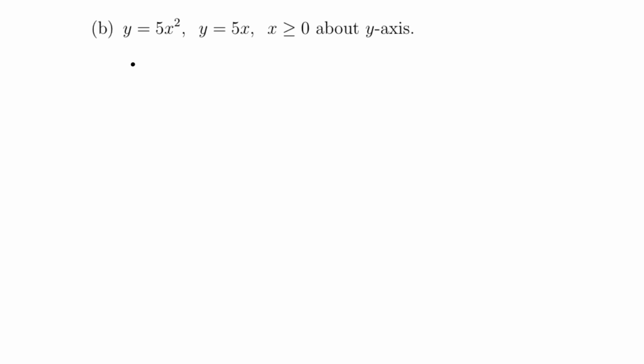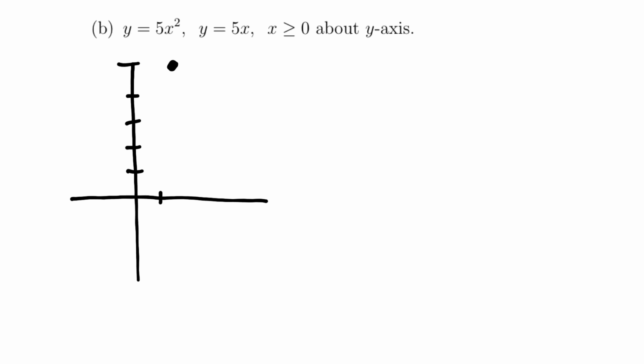We'll have to see. I do want to point out, if you don't have Desmos, when you do this, they're both hitting right at this point, x equals 1, right? One of them is y equals 5x squared, and the other curve is y equals 5x.